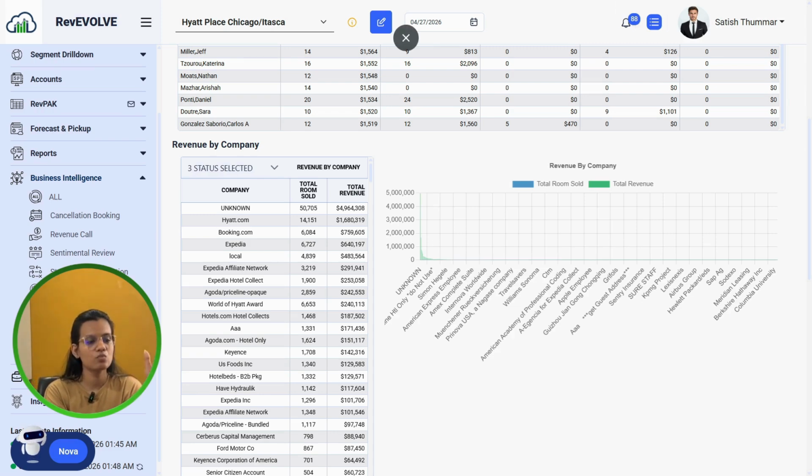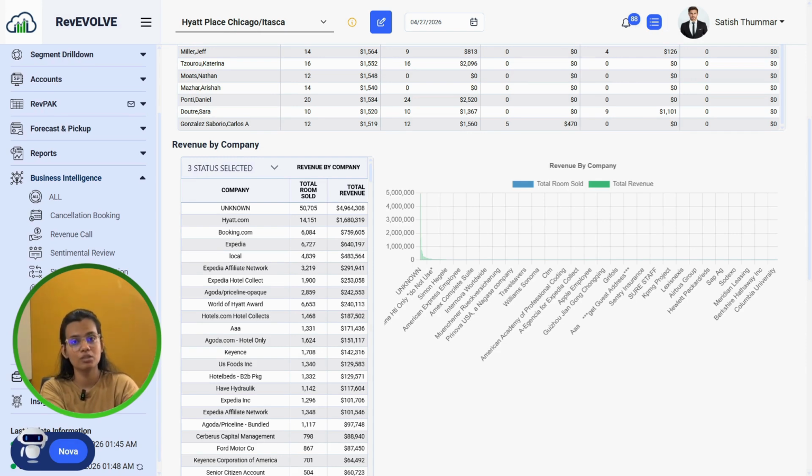This is where most hotels fail: they don't understand who is driving the revenue. By using such widget visualizations, we can find the top contributor. In most cases, if your hotel rate code or rate is not mapped, then mostly it will show as unmapped.